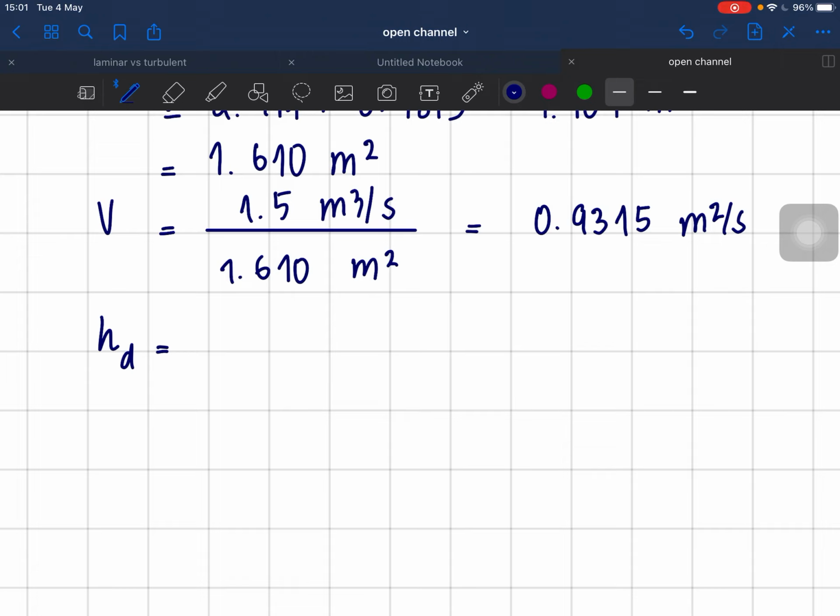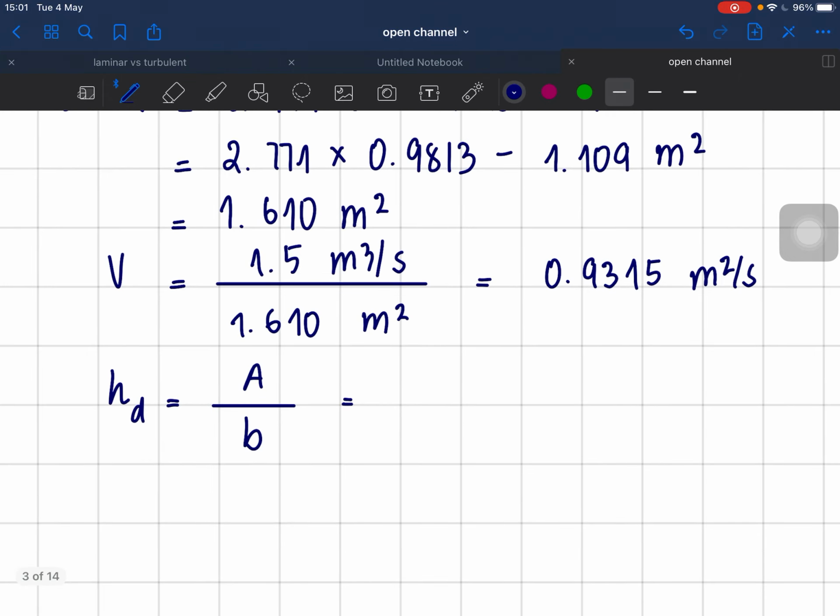So then we can find the hydraulic depth here. HD equals A over B, still the same. And A here is not the same as the previous one, over B here, but this one is the same. 1.6 square root of 3. It is from 2 times 0.8 times square root of 3.